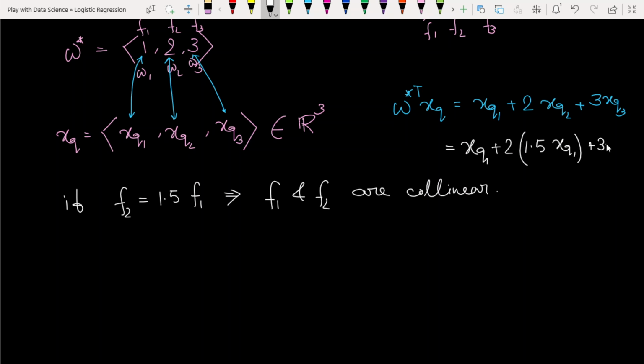Plus xq3. If you combine 3 xq1 and 1 xq1, that is 4 xq1, plus 3 xq3.